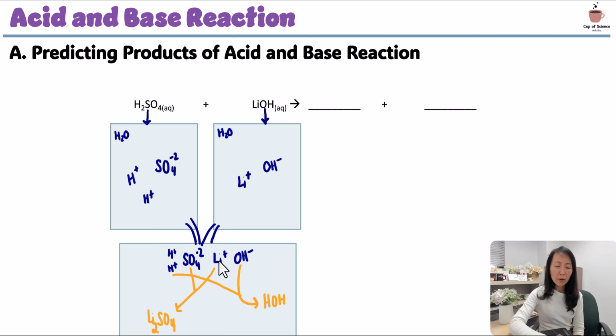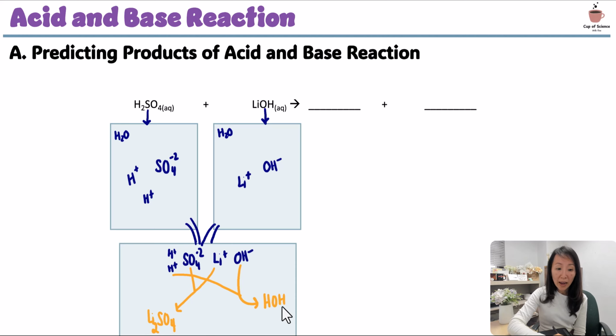You may say, I only see 1 lithium here, and that's because I didn't draw more lithium. It's Li2SO4 because lithium has a positive 1 charge, and sulfate has negative 2, and you need 2 positives to cancel out the 2 negatives. So hence 2 lithium.